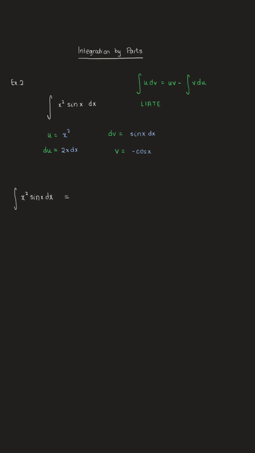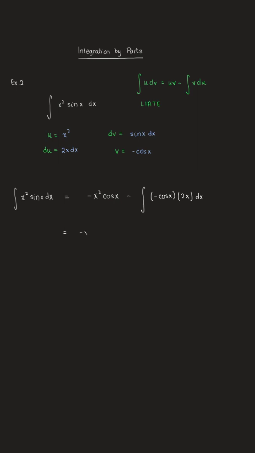And on the right side, we'll do u times v. So we have a negative x squared cosine x minus the integral of v du. So that's going to be a negative cosine x times 2x dx. Let's work on that right side a little bit, and then we'll examine what we have.